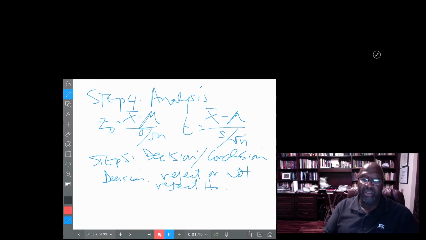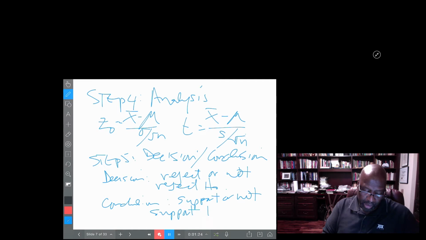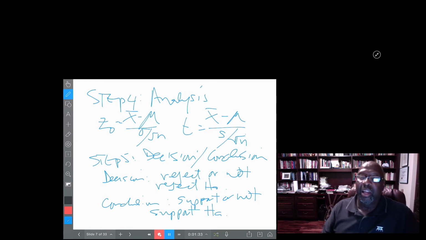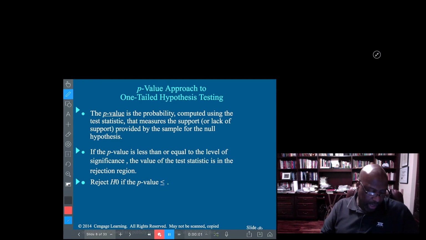That's always the case. Our conclusion is whether we're going to support or not support HA. That's your conclusion. So that's the 5 steps. If you get those 5 steps, and step 3 is usually the toughest one, it's not a hard problem to do. Okay? So let's quickly go ahead and do a problem.